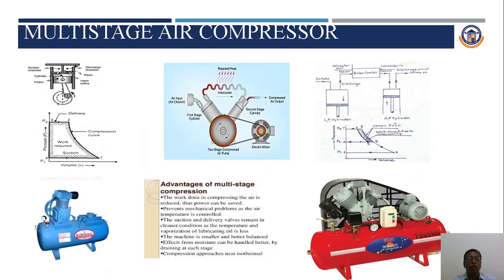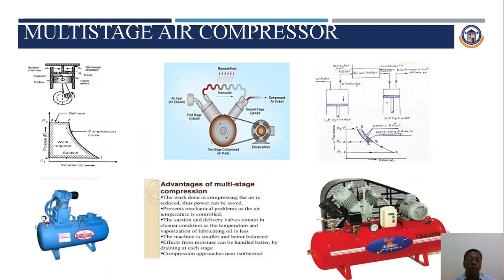Now we go to the multi-stage compressor. Multi-stage commonly means one motor, one crankshaft, two connecting rods and two cylinders. This is known as a multi-stage compressor. It has two types of cylinder: one is the low pressure cylinder and another is the high pressure cylinder.